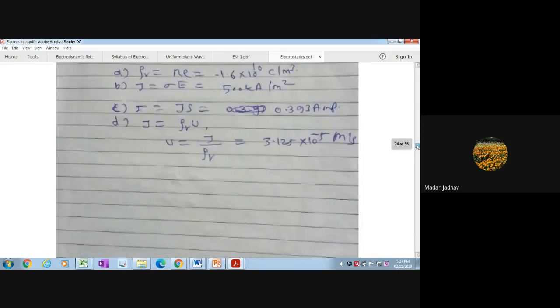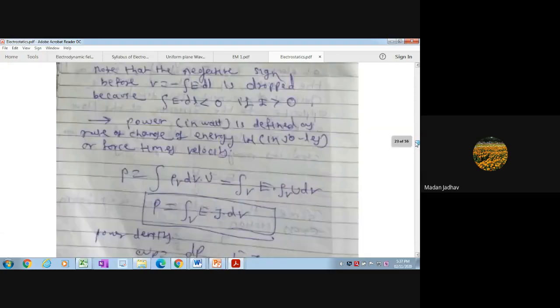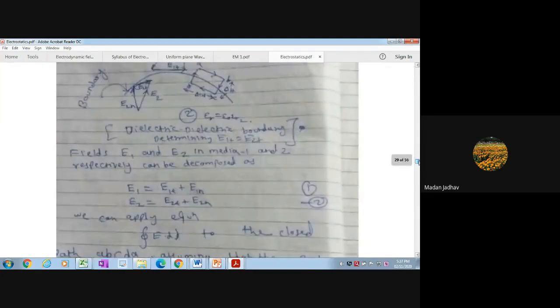Therefore we will see the equation for that, because problems are asked on this boundary condition.